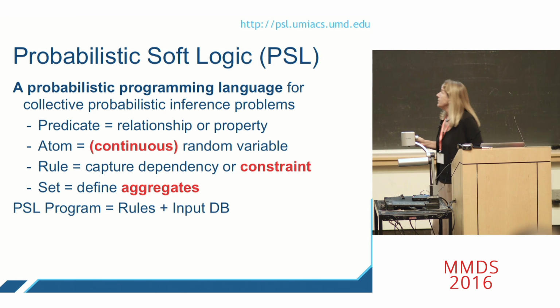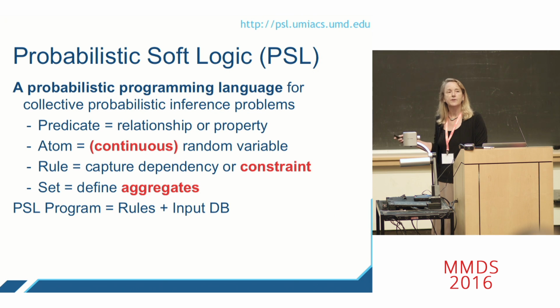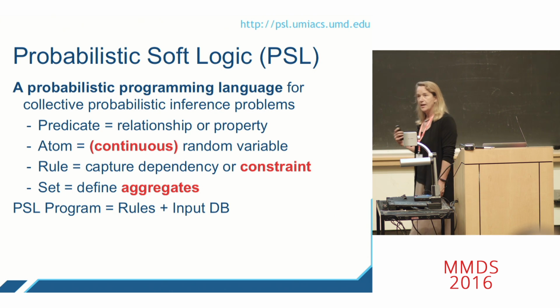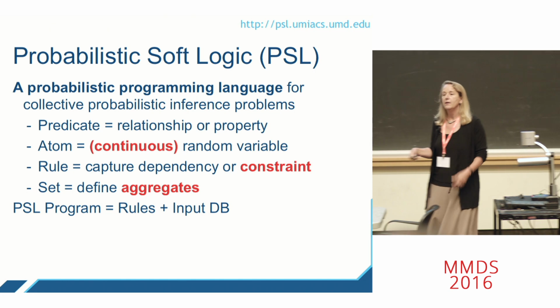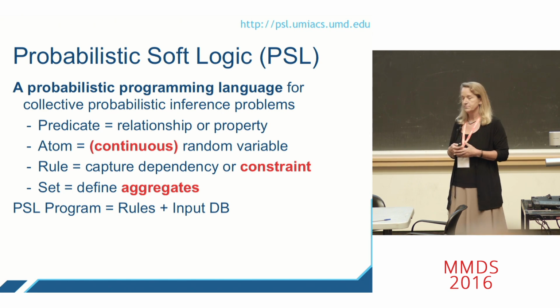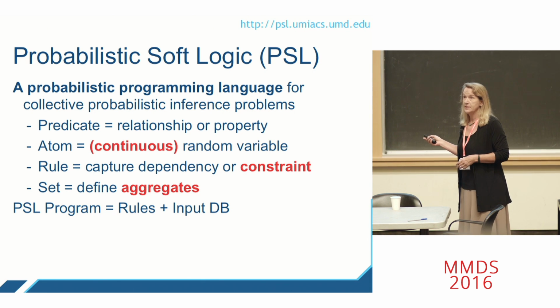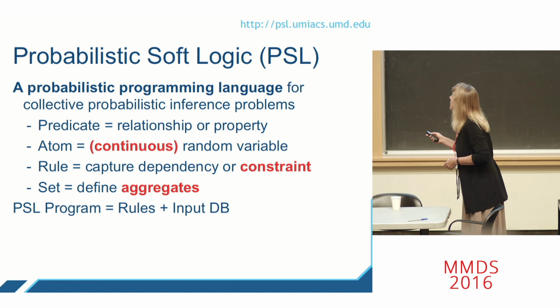A PSL program is basically a collection of rules together with some input data, and then I'm going to show you what the PSL program defines. It defines a probability distribution, and I'm going to show how we can find the most probable assignment for the unknown variables in this probability distribution.